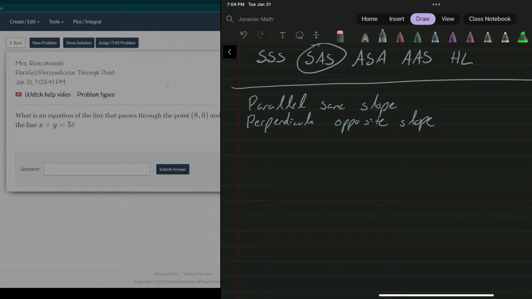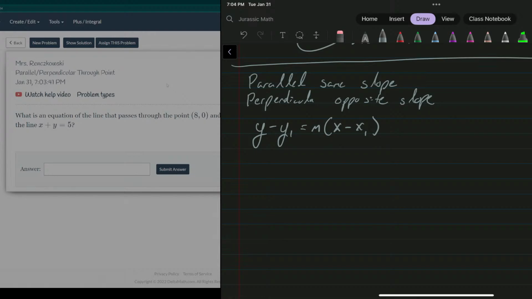And then on top of that, it's much easier if you just use the point slope form, which is y minus y1 equals m parentheses x minus x1, especially with the way Delta Math treats this. So Delta Math says we have a point 8, 0, and we want parallel to x plus y equals 5.